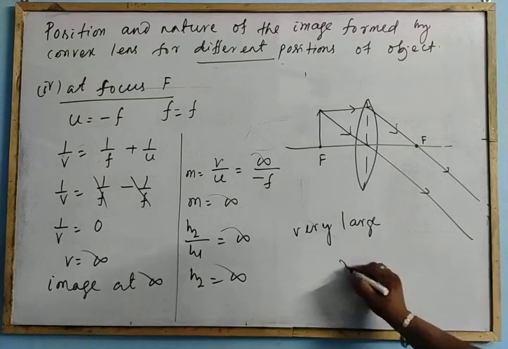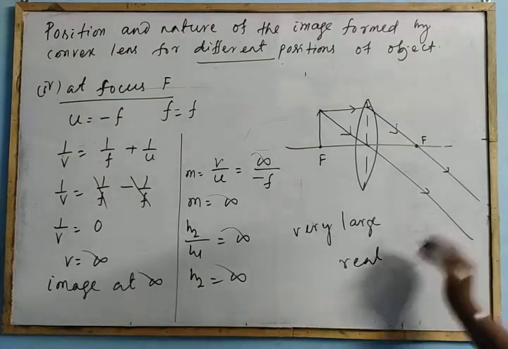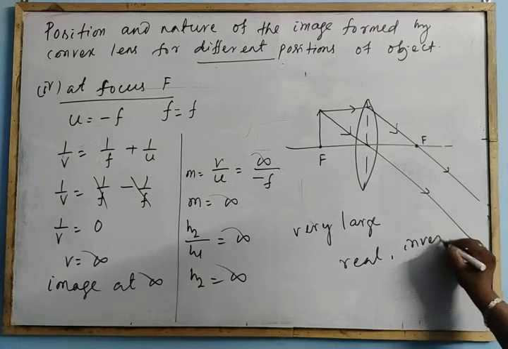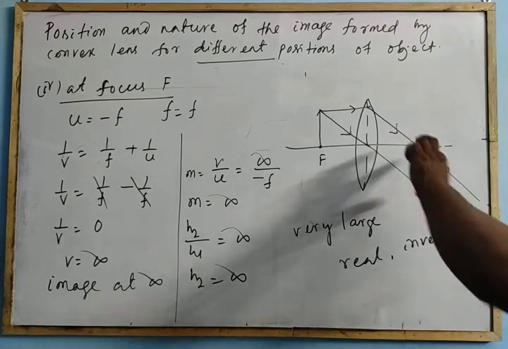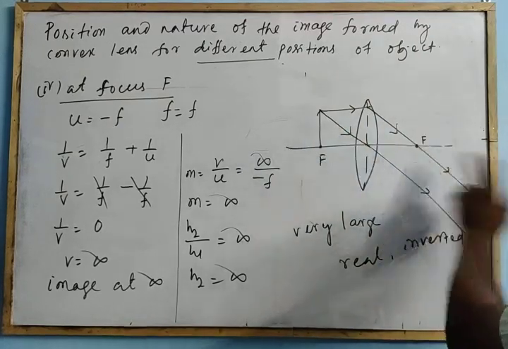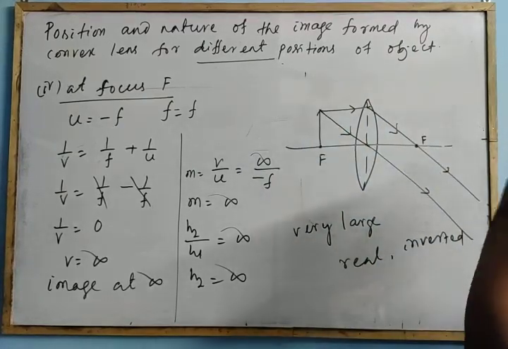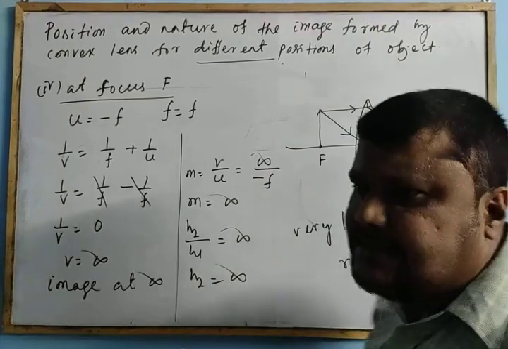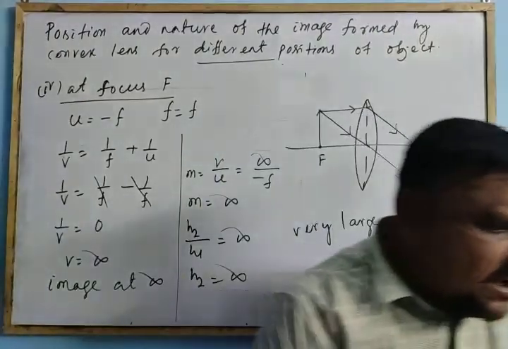And real and inverted, because the image will form on this side. Real and inverted. They will be at infinity. So object is this side, image you will get on this side, but at infinity. You will not find the image, but the image will be there. Clear? So this is the case.